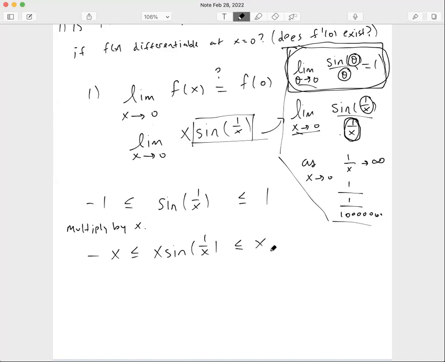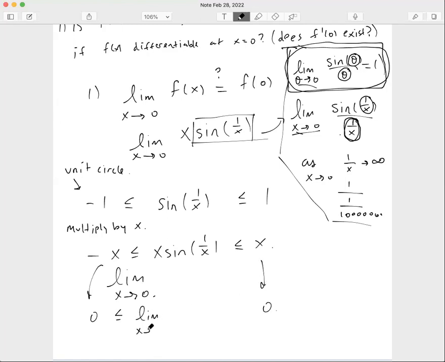So now what does this tell you? Yes, that's correct. Sine and cosine as well. This is by the unit circle. Unit circle does not go beyond 1 and -1 for its x and y values. So if we take the limit to 0, this goes to 0 and this goes to 0.